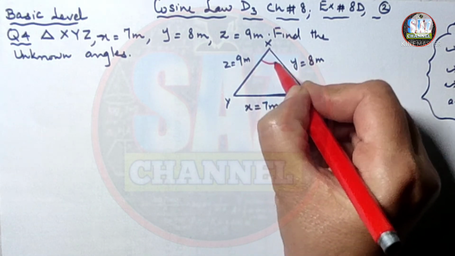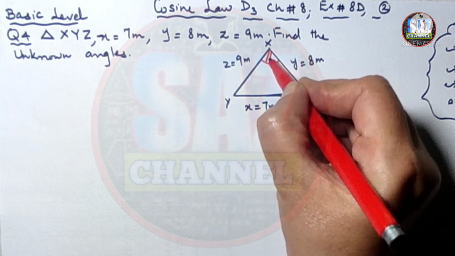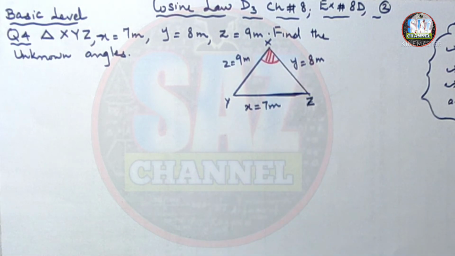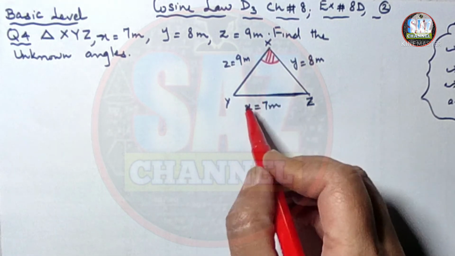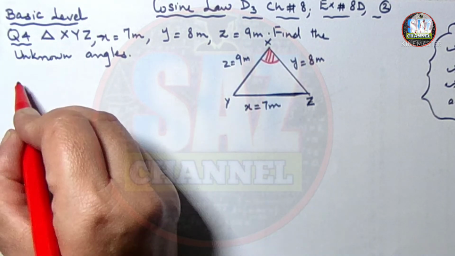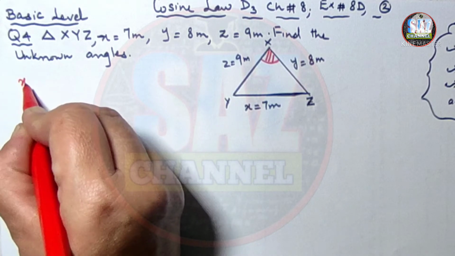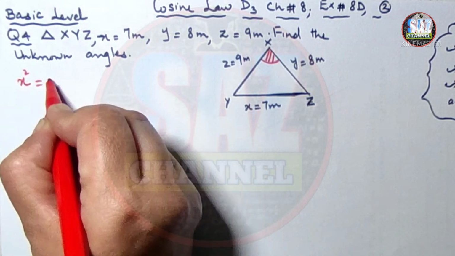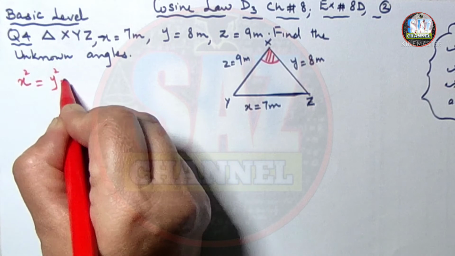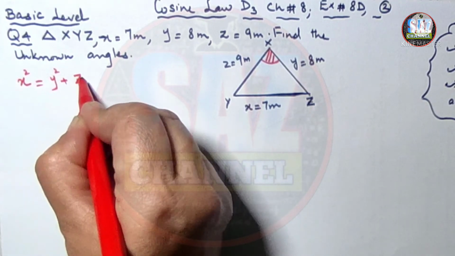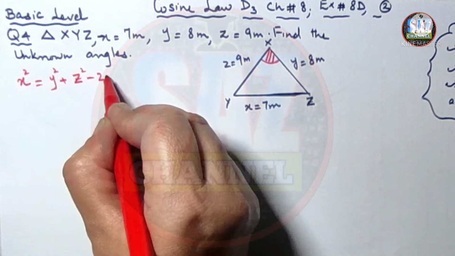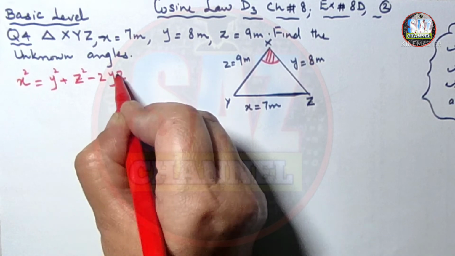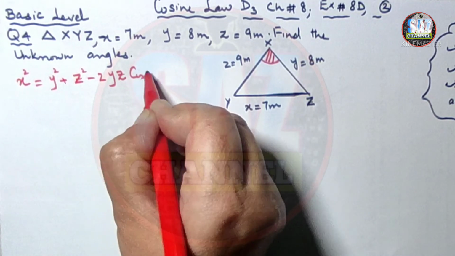Suppose I'm finding angle X by using cosine law. First angle must be calculated with the help of cosine law. So according to cosine law, the equation will take the form x squared equals y squared plus z squared minus 2yz cos of angle x.